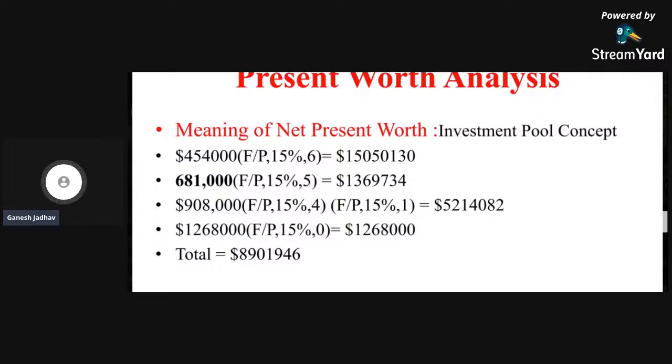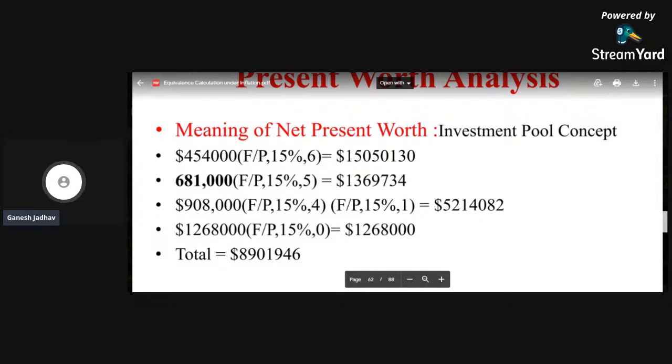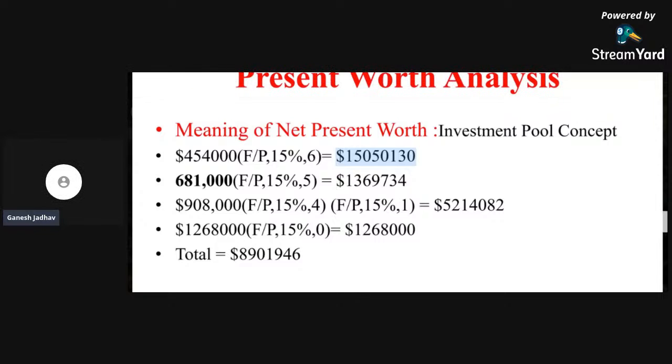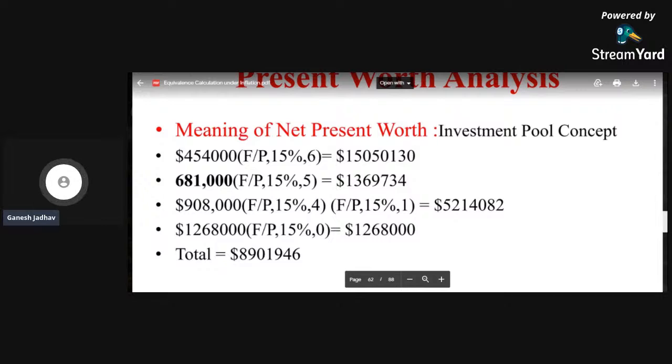The value of P is 4,54,000, the value of i is 15%, and the value of n is 6. You can use the same formula to calculate your future value.